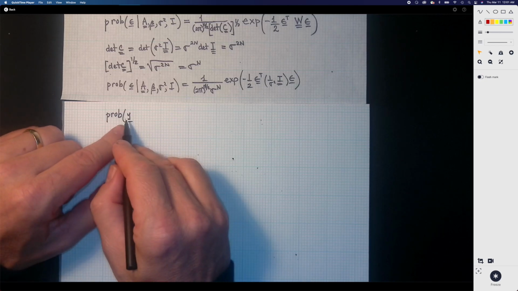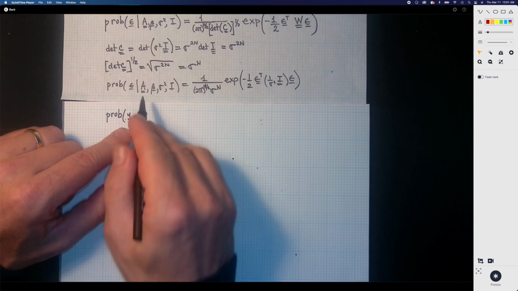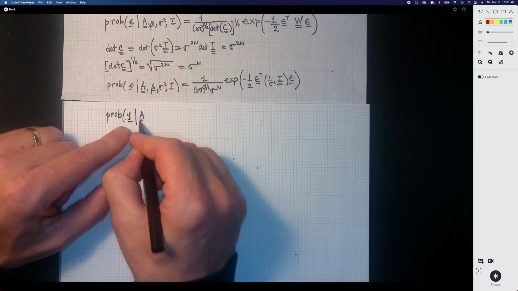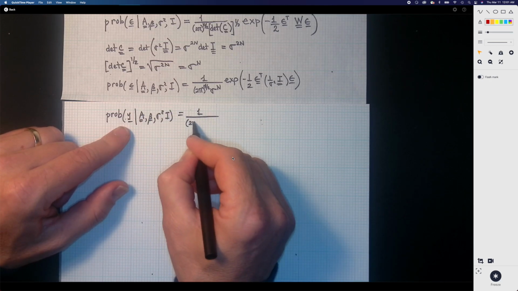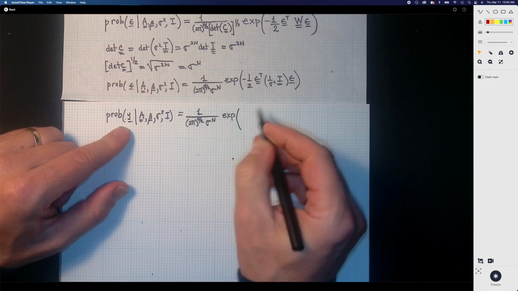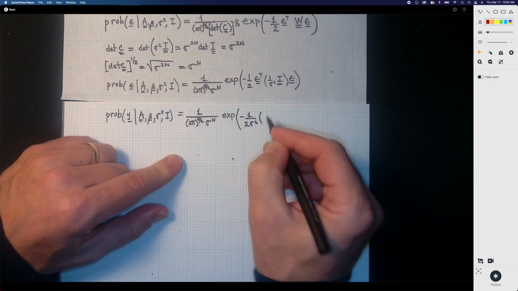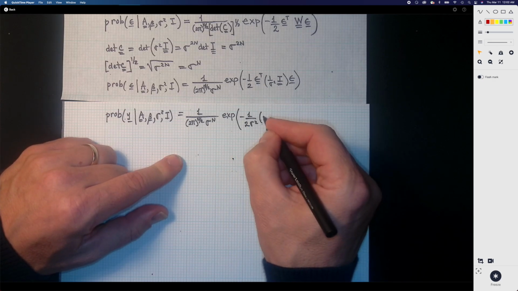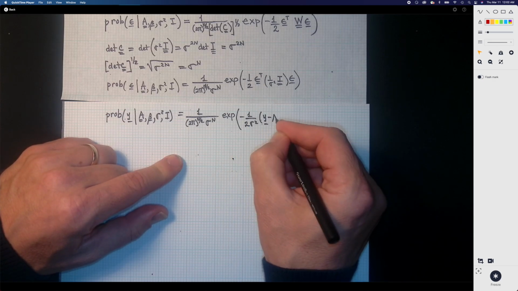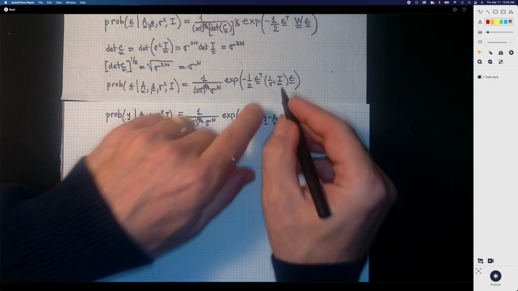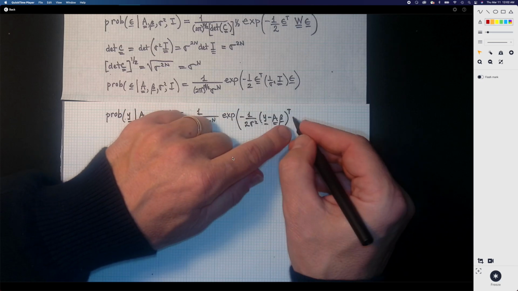The probability of y minus A beta is the same thing as the probability of y, because A and beta are fixed and known, so they don't vary, because we're conditioning on those values. And here I can pull out the factor of 1 over sigma squared. And epsilon is y minus A beta, and then the identity, which is not going to change anything.